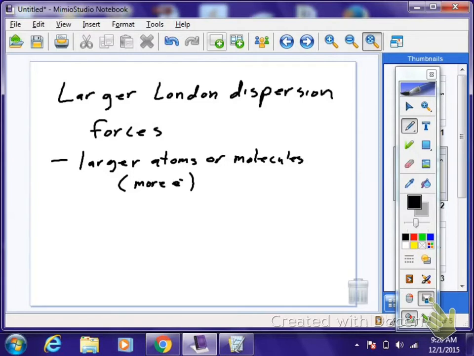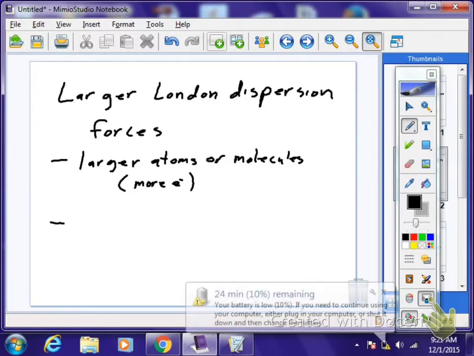So if we've got larger atoms and larger molecules, we have a larger number of electrons. Does that make sense? Anytime we can create more electrons moving and dispersing unequally, then we have greater attraction between those atoms or molecules. Got it?